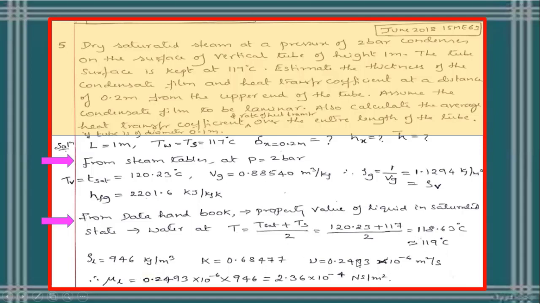So once you get this average temperature, go to the properties of the water, properties of the liquid table, and there obtain these values, the density value, K value and mu value.